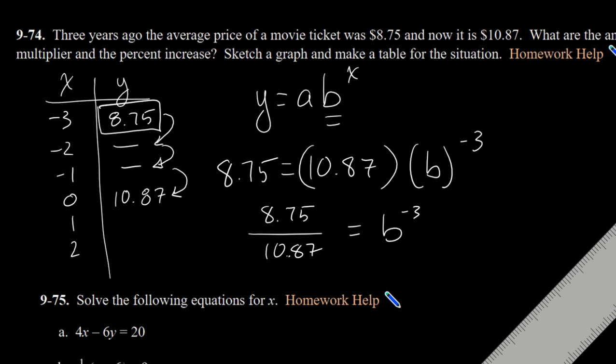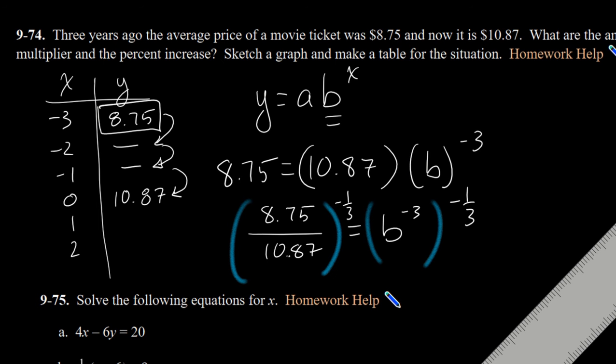I'm going to think about this in terms of a fractional exponent. So to solve this, I'm going to raise both sides of this to the, not the negative 1/3, I mean, not the positive 1/3. I'm going to raise both sides of this to the negative 1/3 power. And I hope you can see why.